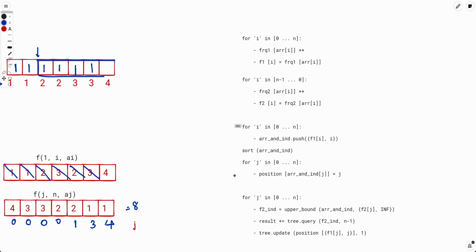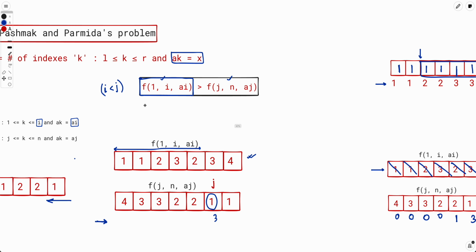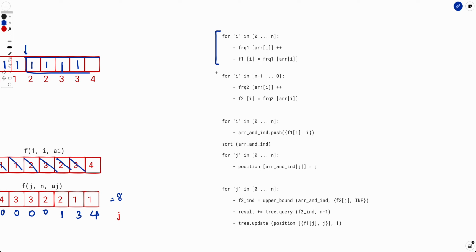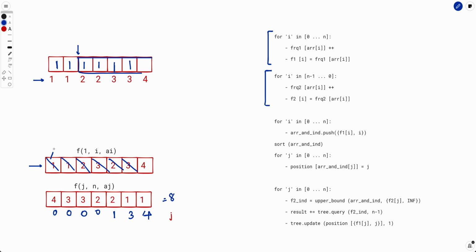Now the pseudocode would be very simple. We will first build the f1 array, this array denoted by f1 here, and similarly we will build the f2 array, which is fj minus aj, and finally we will prepare this mapping, right?